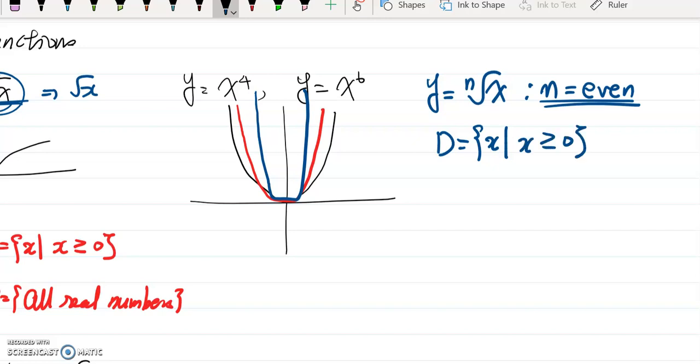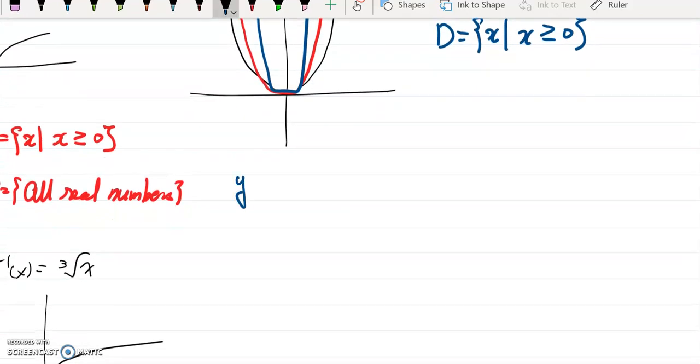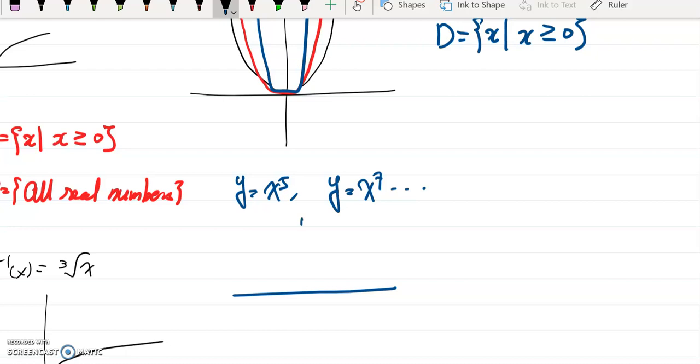Like this. Okay? However, in the odd case, y equal to x fifth, y equal to x seventh, something like that, it is basically the same scenario. So if x cubed is like this, then x fifth becomes somewhat like this, and x seventh becomes even more so.